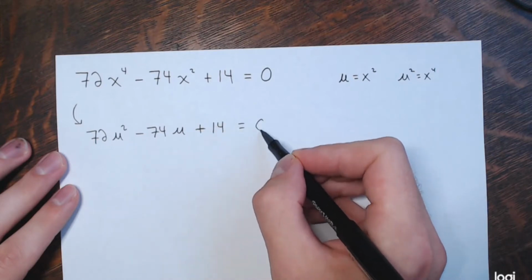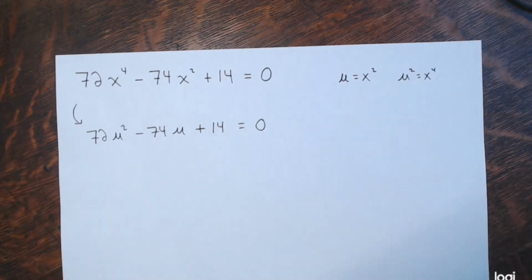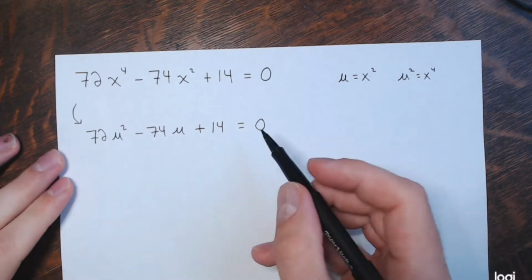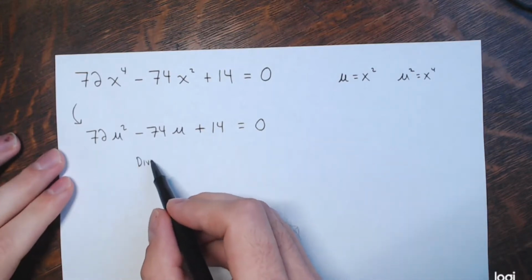equals 0. Just to make the numbers a little bit smaller, I'm noticing that all the coefficients are even, so I'm going to divide by 2 on both sides.